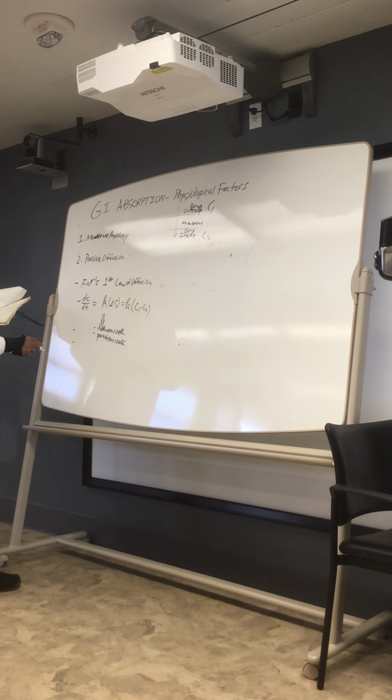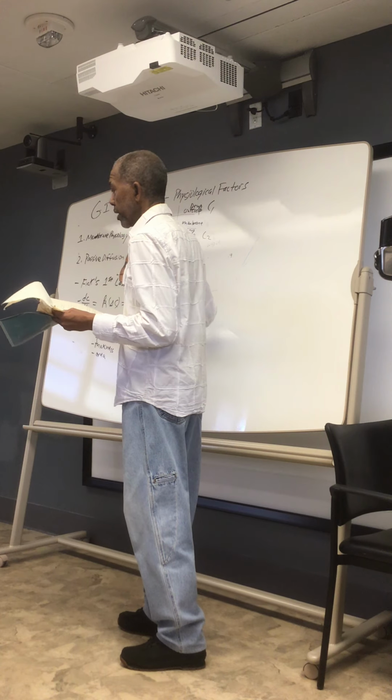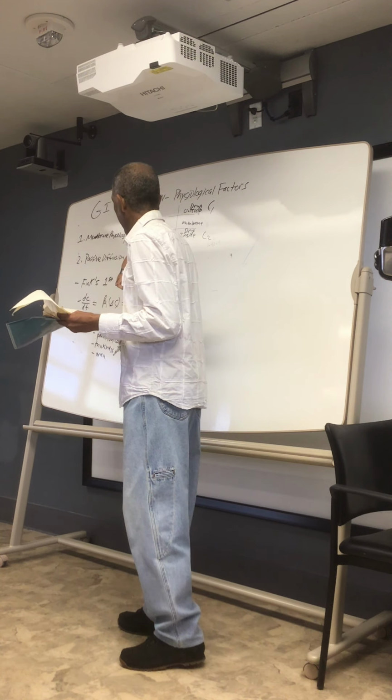Kind of like when we were talking about the Noyes-Whitney equation, the diffusion coefficient has to do with kind of like the viscosity. Remember I put on the board syrup versus water, whatever the case may be. So this membrane has a diffusion coefficient. It has a partition coefficient.